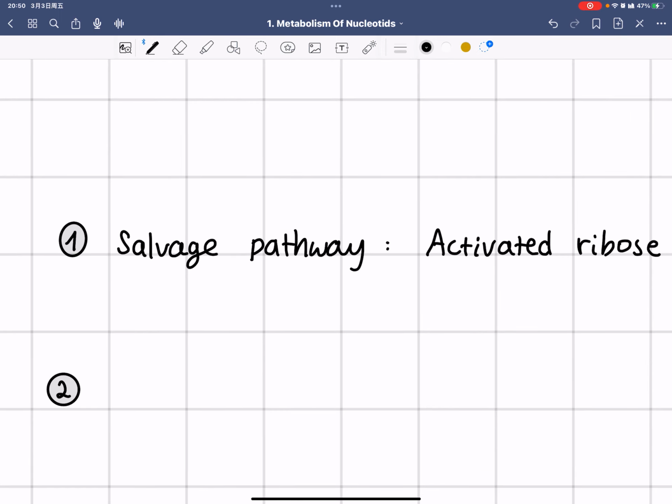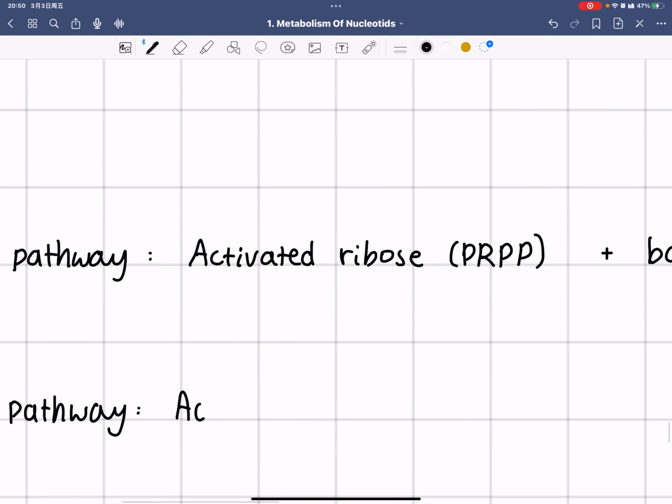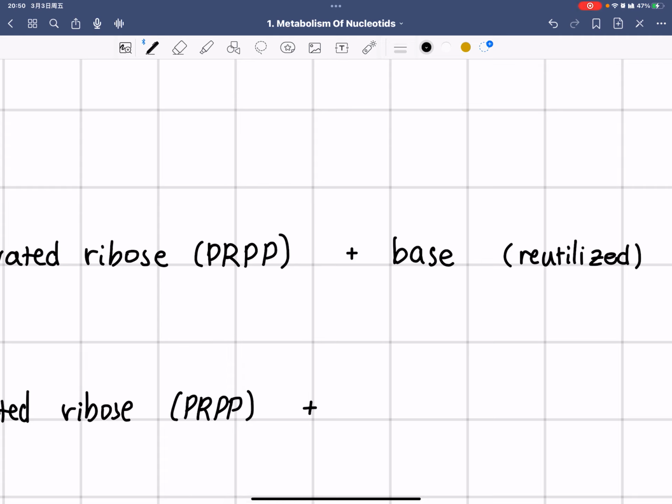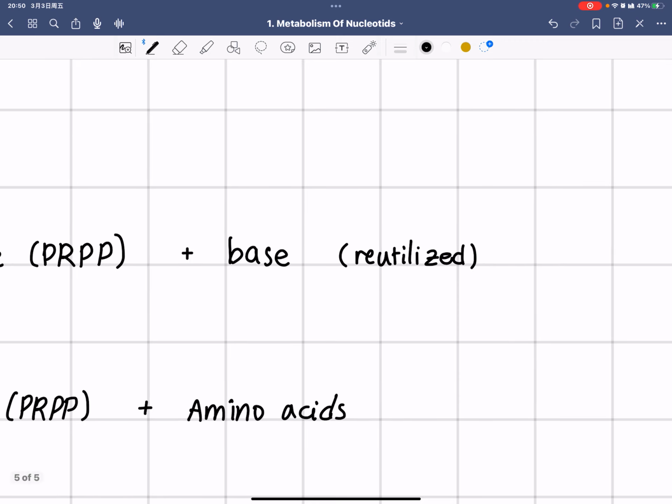Now, on the second pathway, we have de novo, which means from scratch, or from new. We also have activated ribose, PRPP. We have amino acids, which can give us amino groups, carboxyl groups, and other carbons, which are really important, and we will talk about that later.